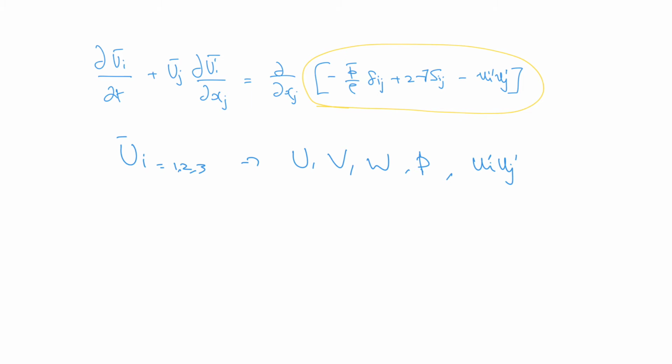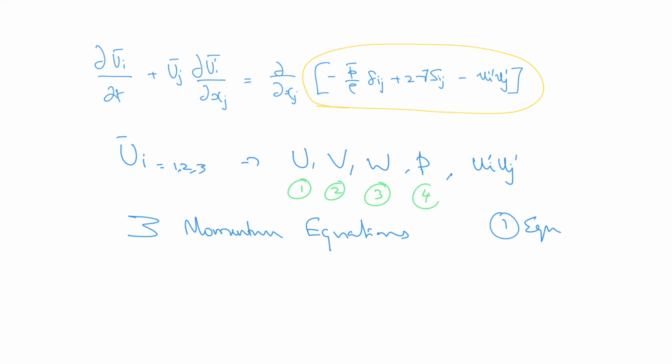Now, if you see how to solve this momentum equation, how many equations are there? By substituting i equals 1, 2, 3, you will get 3 momentum equations. We have the continuity equation, so that will be one equation. Now, how many unknowns are there? Velocity 1, 2, 3, and pressure will be the fourth one.